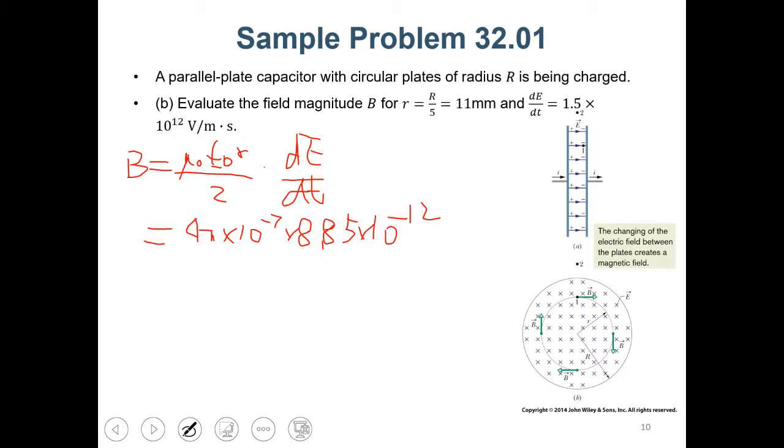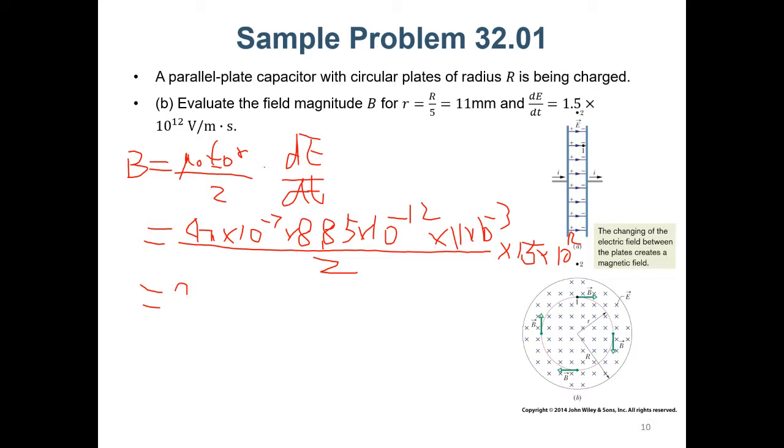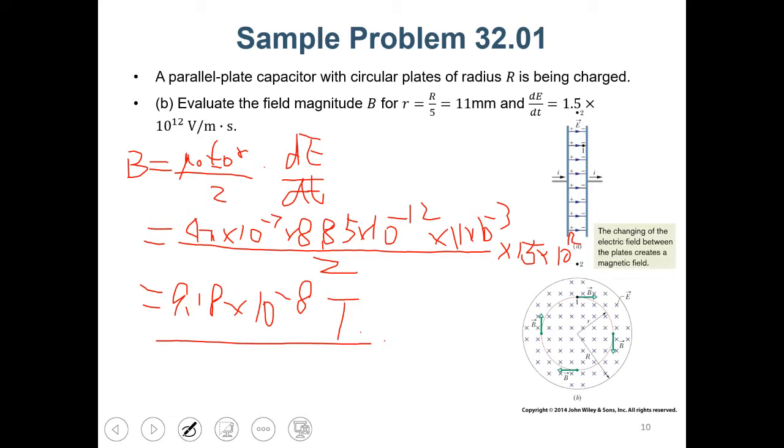Small r is 11 millimeters, over 2. And dE/dt is 1.5 times 10 to the 12. So it is 9.18 times 10 to the minus 8 Tesla. So it is nothing special.